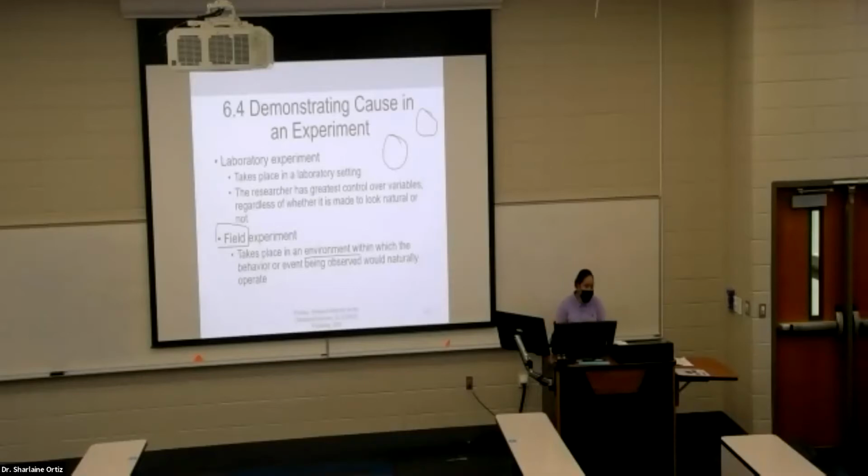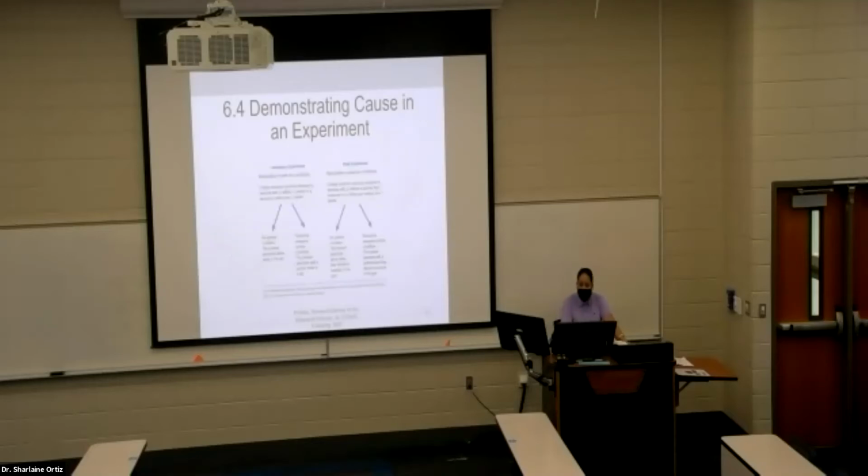Say I conduct an experiment with persons who have been paroled. It's a very different experience doing that in a halfway house, in the environment where that behavior is occurring naturally, versus having that same parolee in a lab with controlled conditions. So notice that there are multiple benefits for each, but also multiple downfalls for each of these aspects. So let's review them.